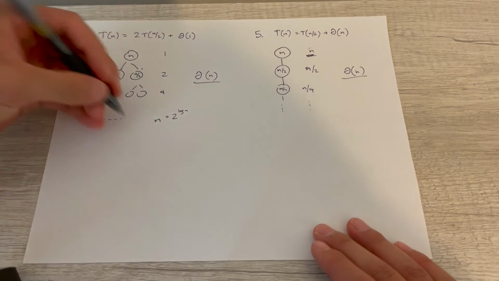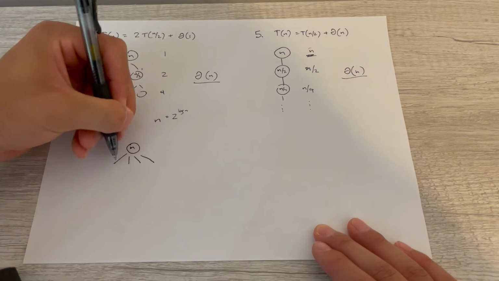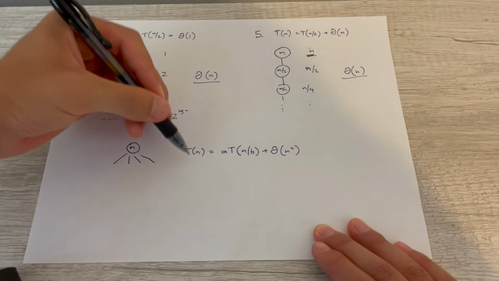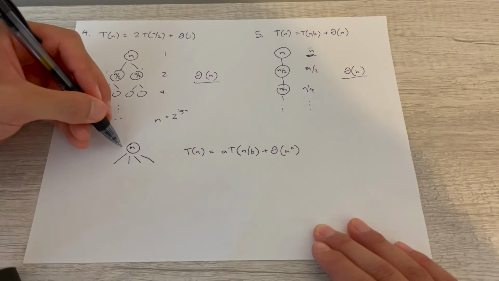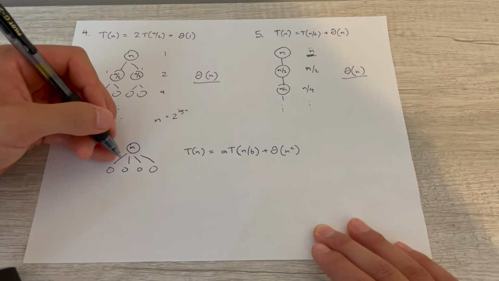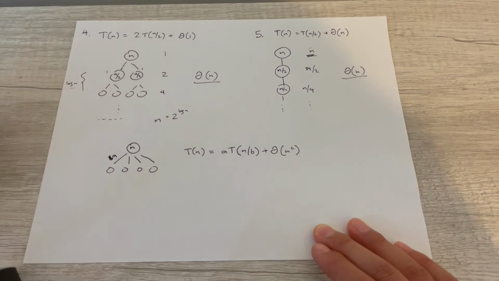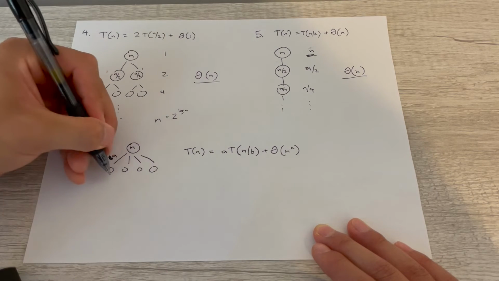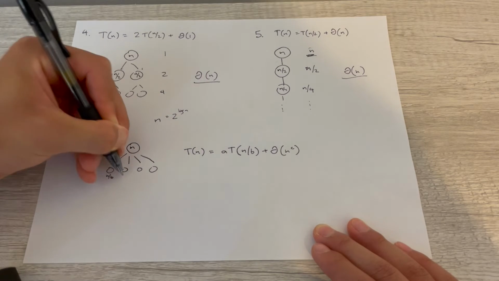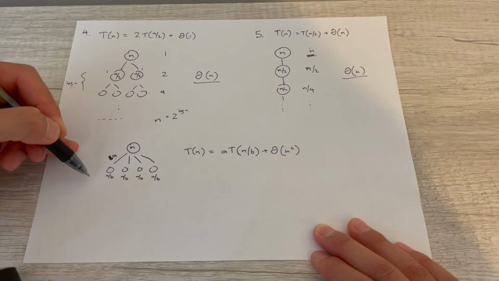A quick way to see this is, let's say you have n and you have a general recursion. Well, how many things does it split into? It splits into A things. And each of these values is n over b. So let's compare the work being done at this level and the work being done at this level.